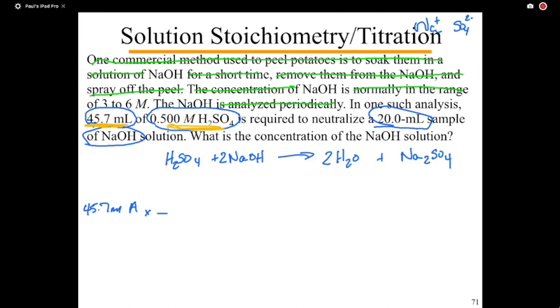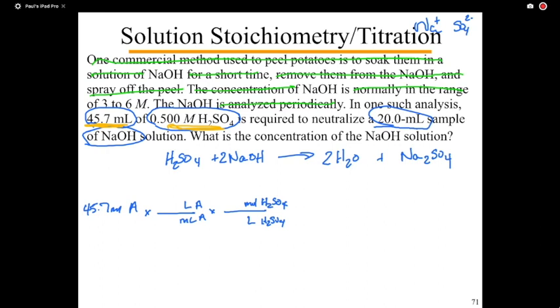But can I use milliliters? Or do I have to change milliliters? I have to change milliliters into liters of the acid. Okay. And once I have that, I can determine, because of the molarity, 1 liter of the sulfuric acid gives me so many moles of the sulfuric acid.